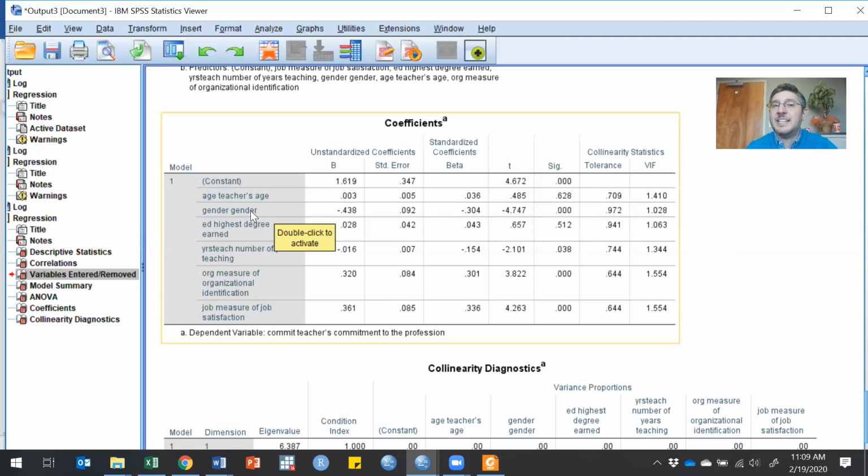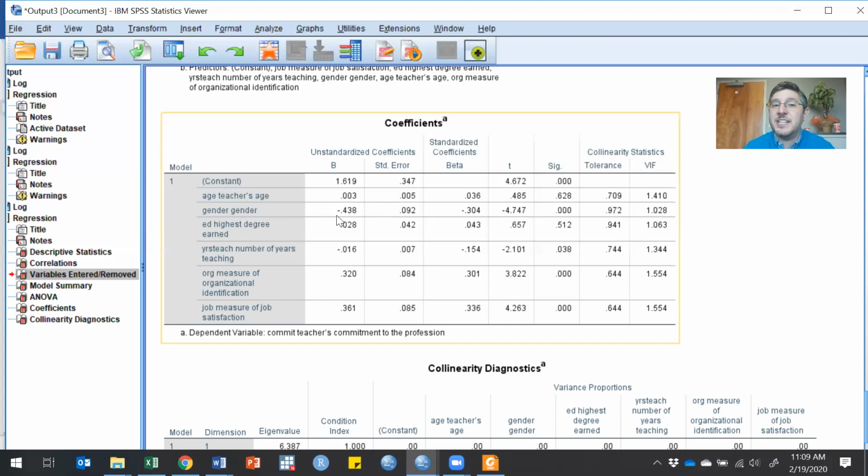In that case, the unstandardized coefficient would represent sort of like a Cohen's d, a standardized mean difference between the two. So it would take the difference between males and females in their commitment to the profession and convert it into standard deviation units.